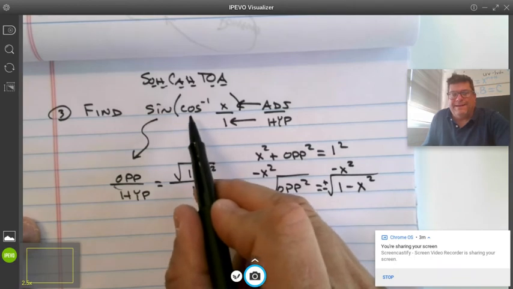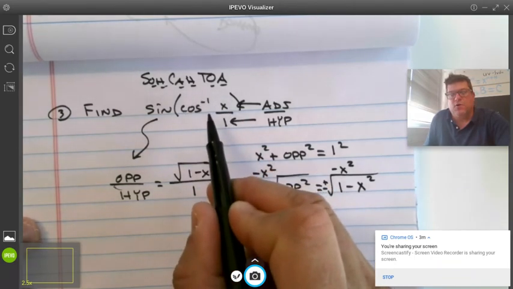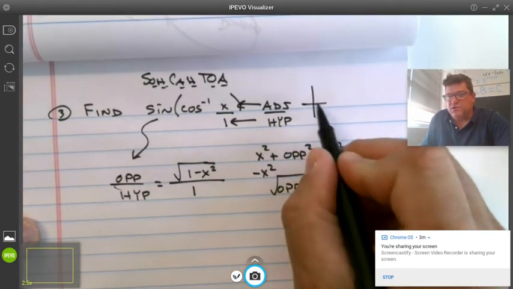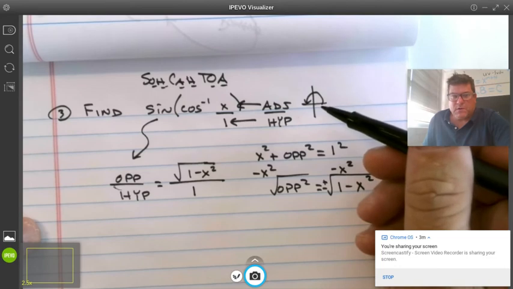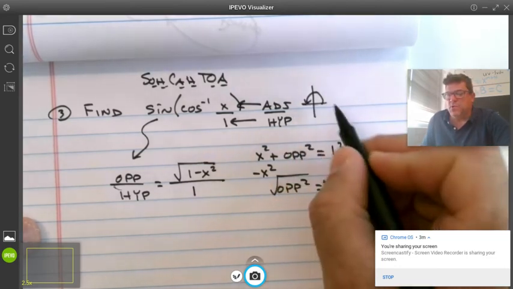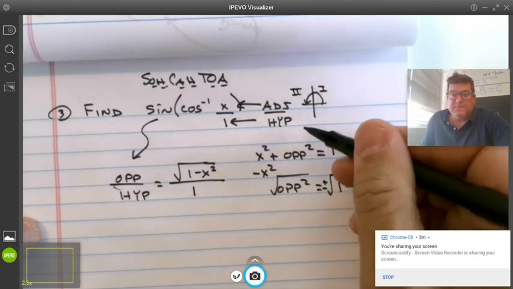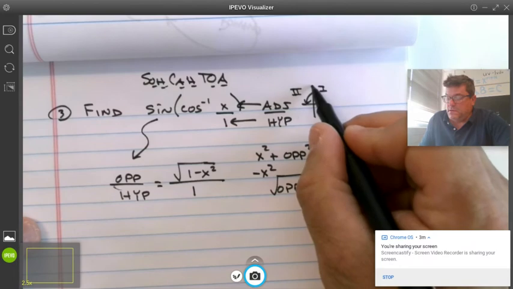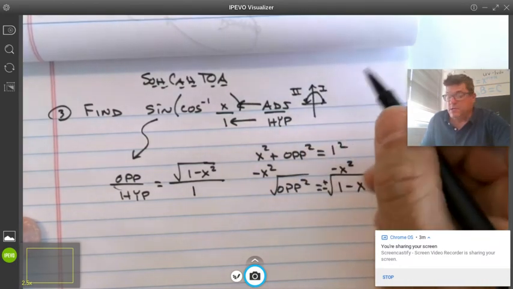If the cosine and its inverse output an angle between 0 and 180, so a picture of that would be like this. What's the nature of the sine in those quadrants, quadrant 1 and quadrant 2? The sine's based on y values, and y values are positive in those two quadrants.